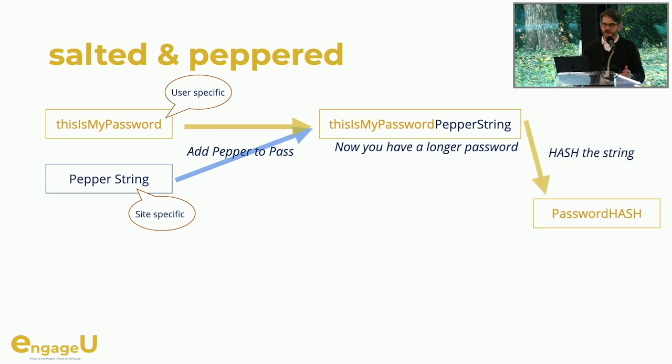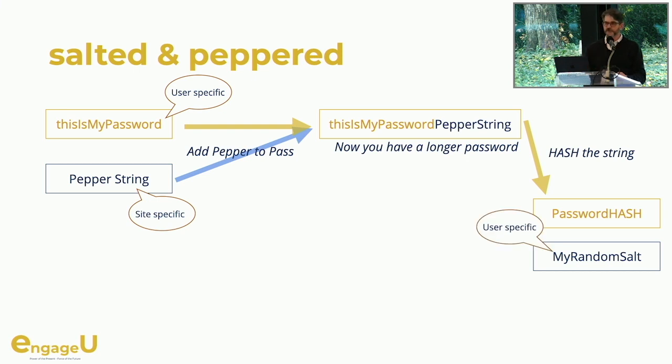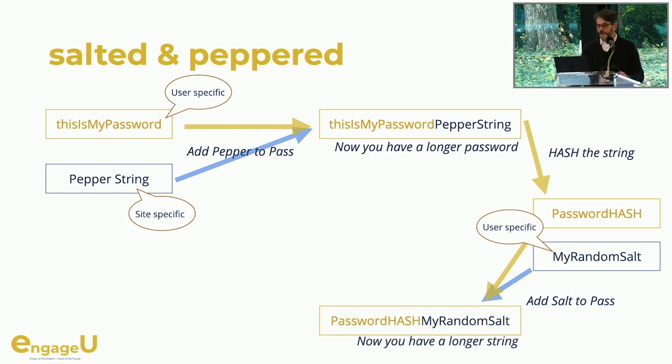Now we hash that string. And the user, when the user was created, got a user-specific randomly generated salt. And now you can guess what the next step is. Those two together are added to the hash of the password. So now we have a salted hash of a peppered password.